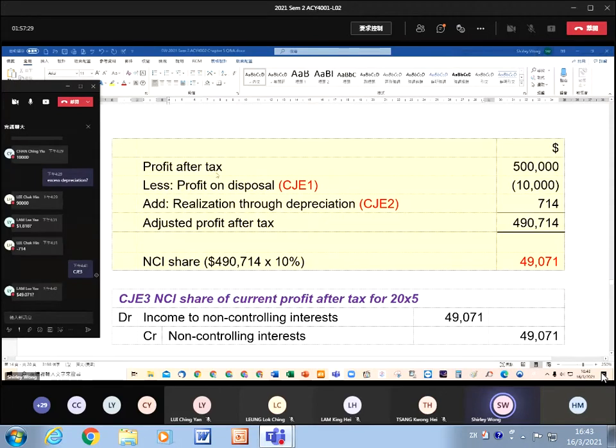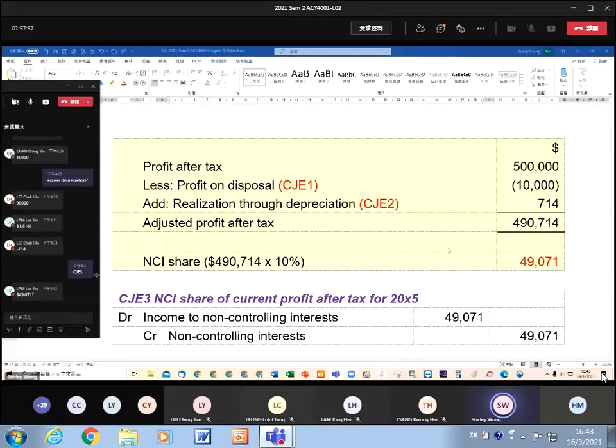Therefore, originally profit is 500,000, and then with CJE number 1 we reverse the whole profit, and as the time passes by, it is realized through depreciation. So here we will add back $714. Then it becomes adjusted profit, and 10% of this adjusted profit is shared to the NCI. Finally, we will debit income to NCI and then credit NCI.